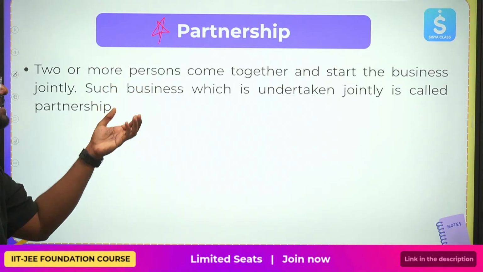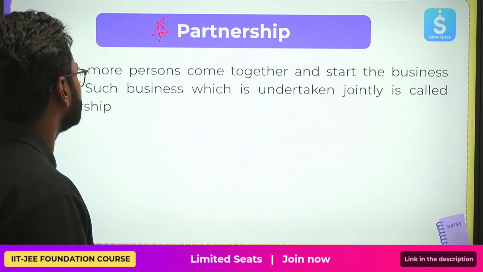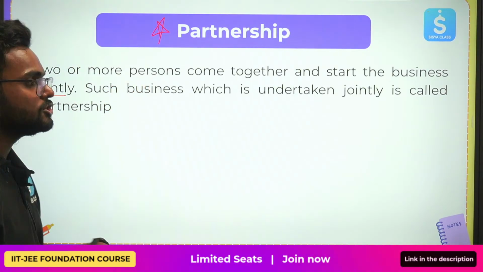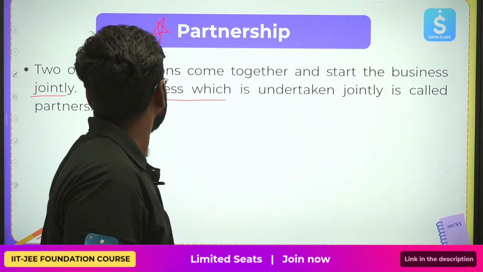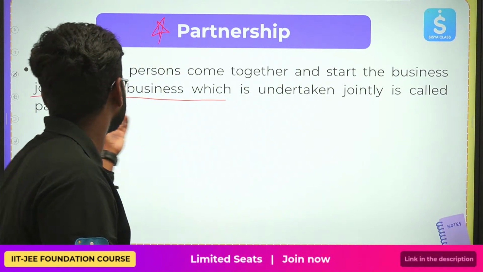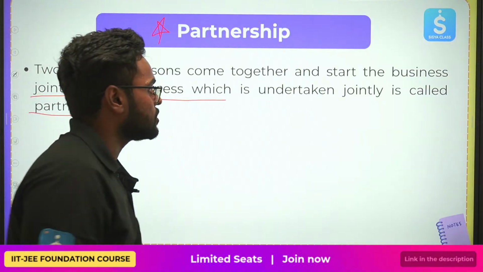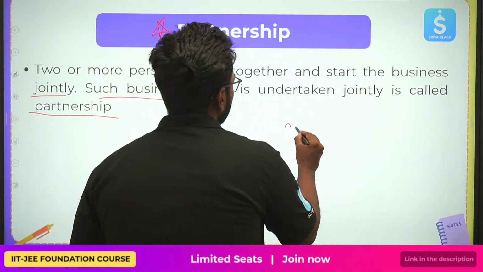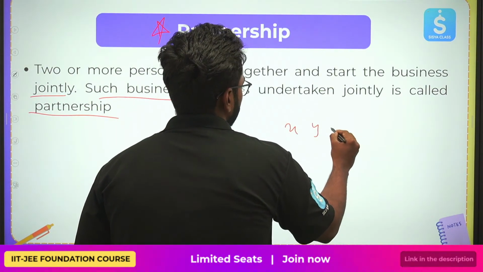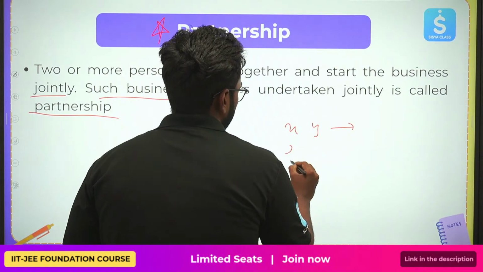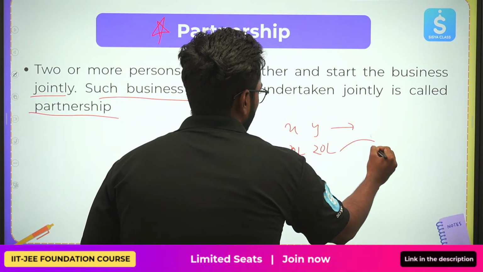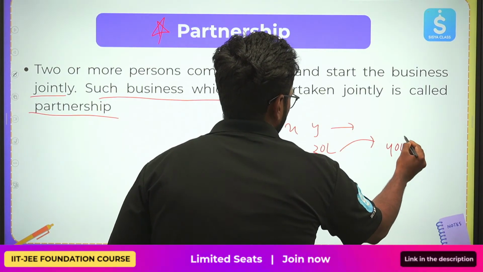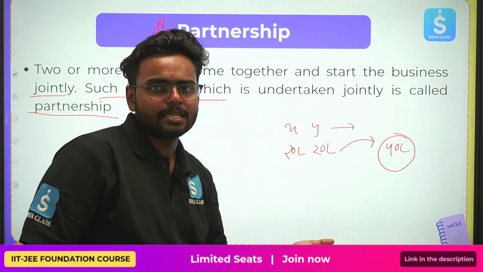So 2 or more persons come together to start a business jointly, and a business undertaken jointly is called a partnership. So let us say X and Y are investing 20 lakh each, putting up an organization of 40 lakh. So these 2 are called partners.